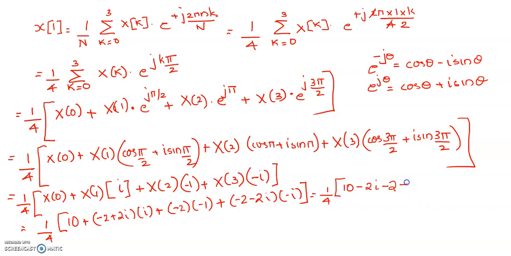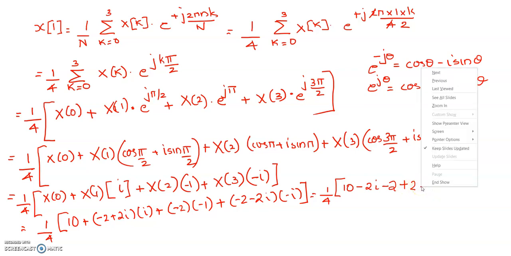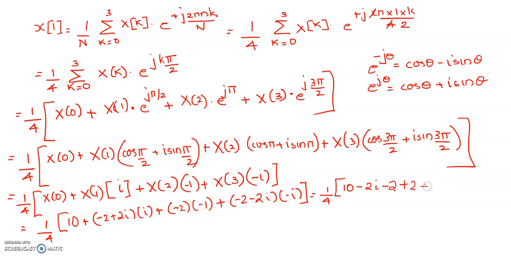And this will become plus 2, and when you open this particular bracket, you will have plus 2j, and then minus 2j into minus j, which will become plus 2j square, which will become minus 2.